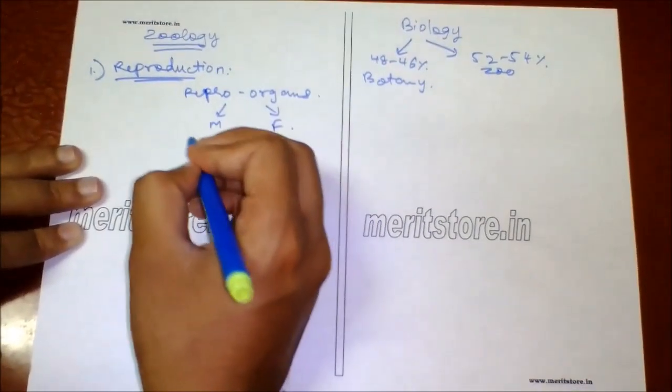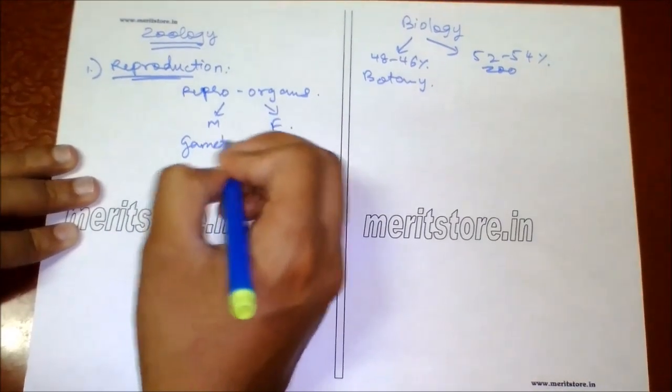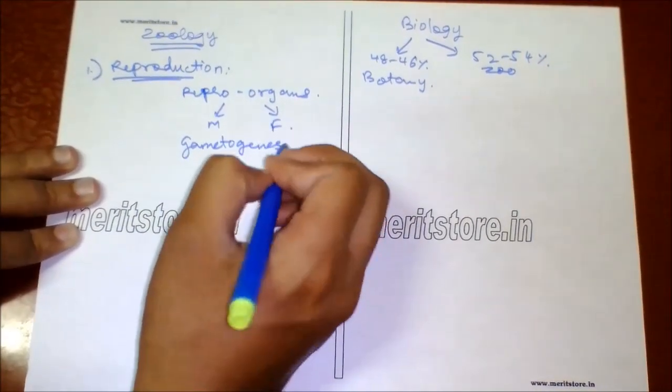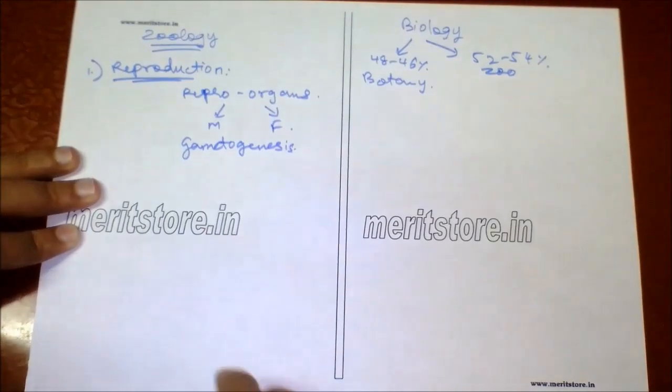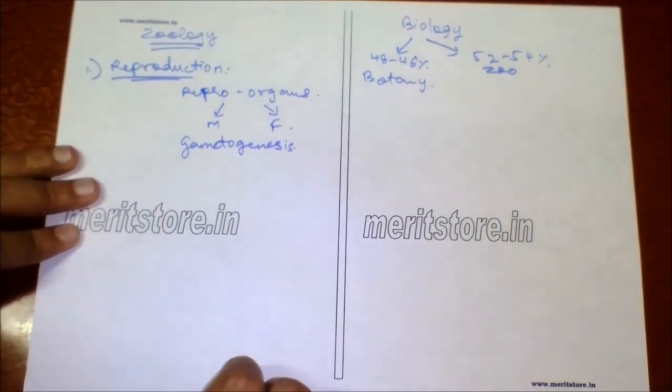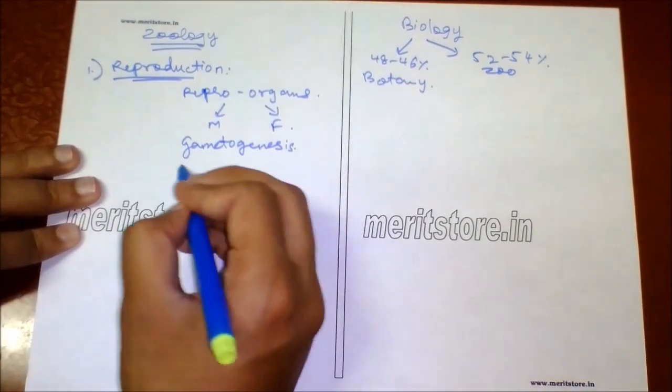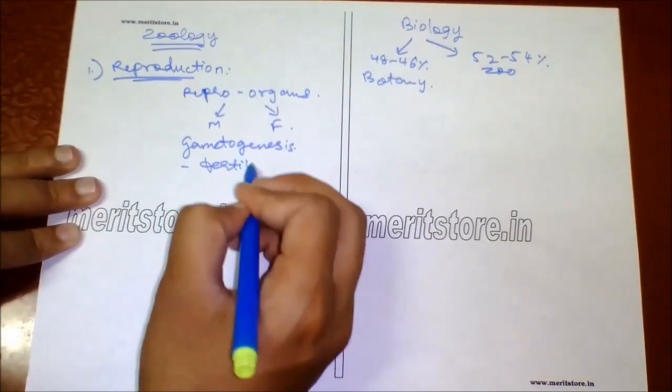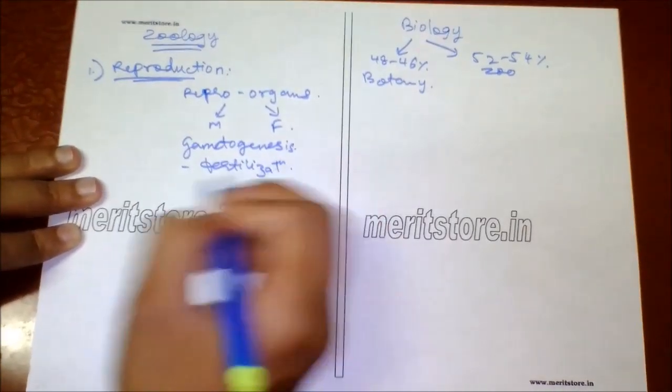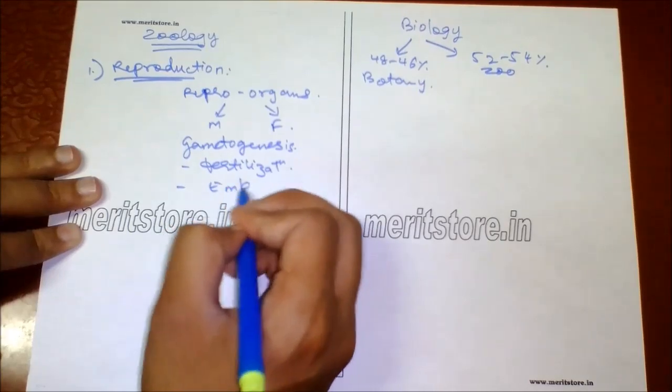After this, you have to focus upon gametogenesis. Reproduction is important in both botany and zoology. Gametogenesis, then comes fertilization. After fertilization, embryogenesis is the important part.